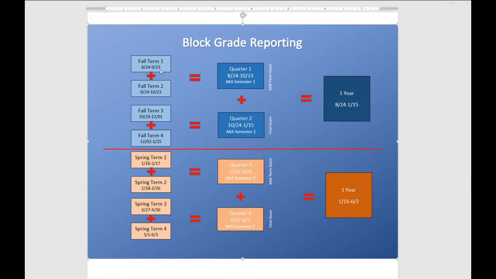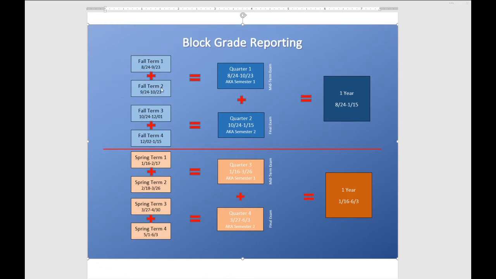That terminology is what we would normally use for a 9-week term. There are 2 9-week terms here in the first half of the fall. So you have term 1 and term 2. Those 2 terms equal the first quarter of the school year. Quarter is the amount of time that we would typically use to represent 9 weeks, but right now it's actually considered a semester. So 4.5 equals 9.